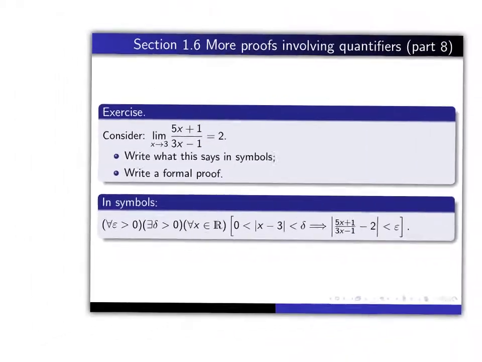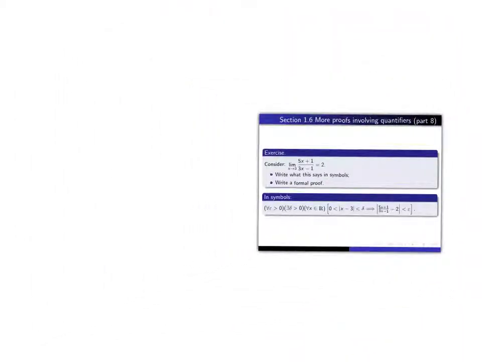So let's begin by calculating the absolute value of (5x plus 1)/(3x minus 1) minus 2 and see what it gives us.